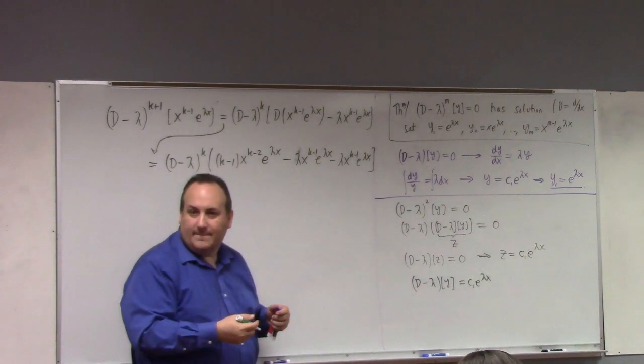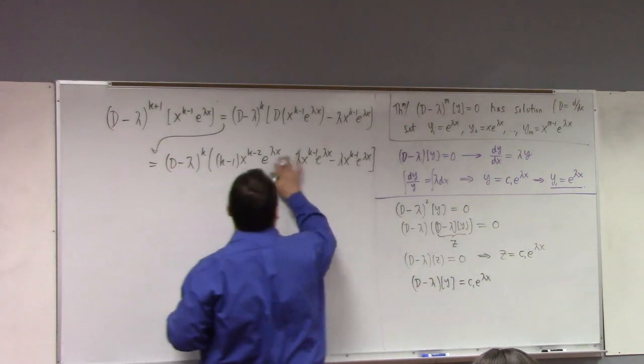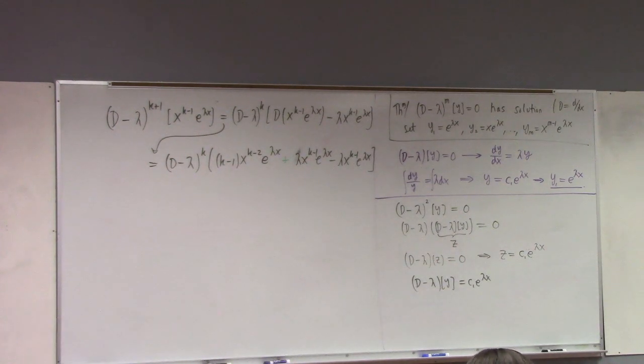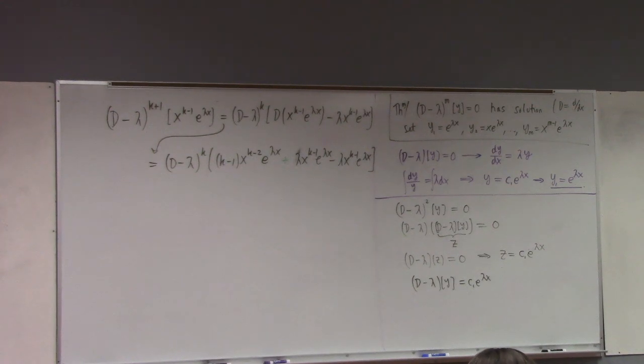I had a question for the previous part. No matter what y ends up being, is it always going to equal 0? It's just d minus lambda squared. Like, whatever ends up being inside those brackets, will it still equal 0, or does that part matter?